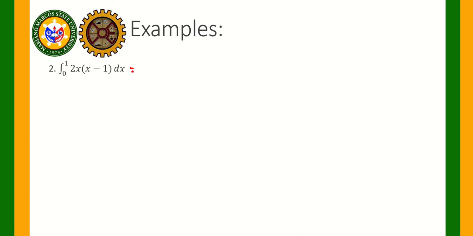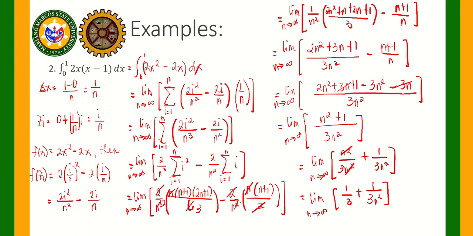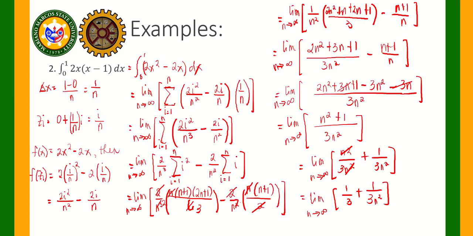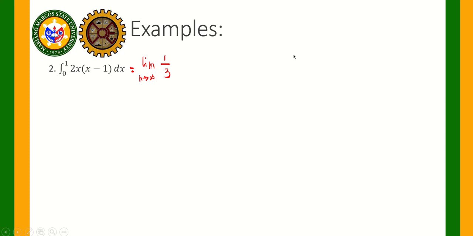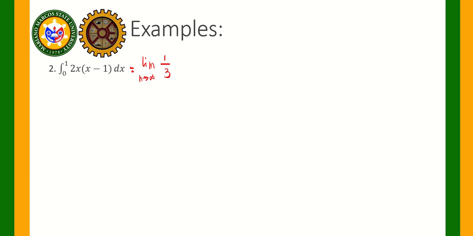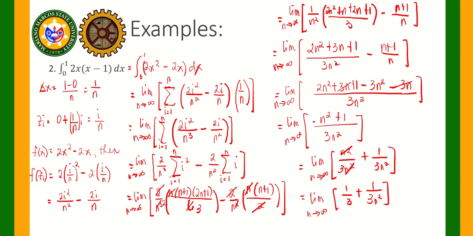So, this will be equal to, so separately natin kunin yung limits. So, this will be equal to the limit of 1 over 3 as n approaches infinity, plus, that is plus, right? Okay, so negative pala to kasi mas malaki si 3. So, that will be equal to negative, 2n squared minus 3n squared is negative.